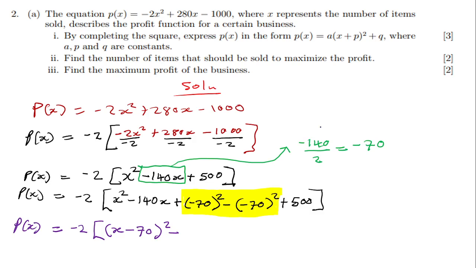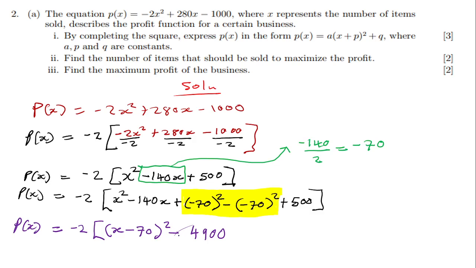Okay, so we have 49,000. Remember, this negative 70 squared has not affected the negative there. So after you say negative 70 squared, it is 49,000.